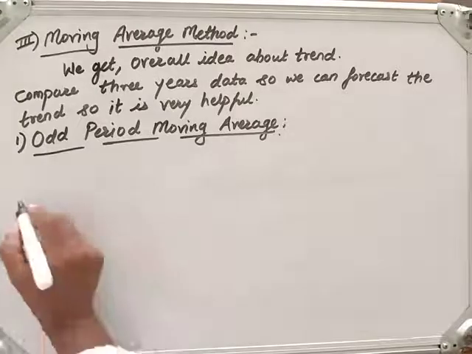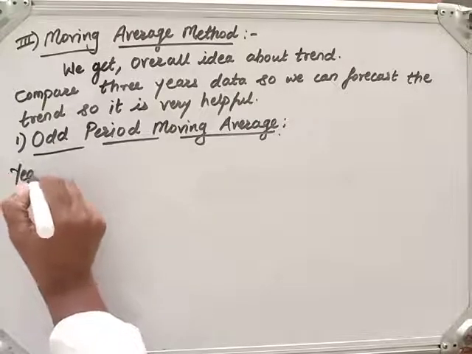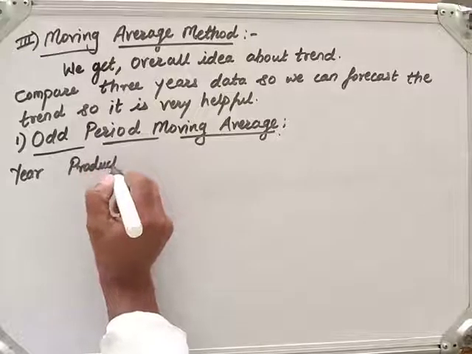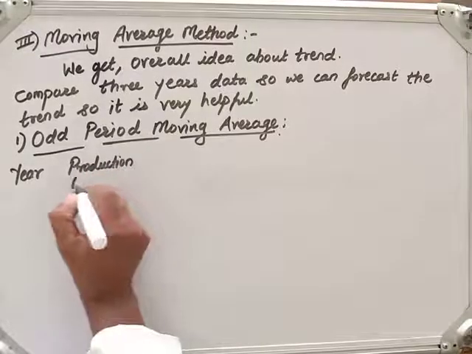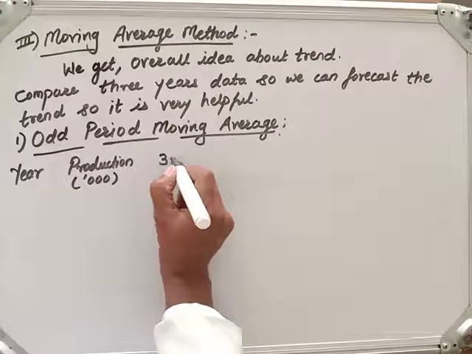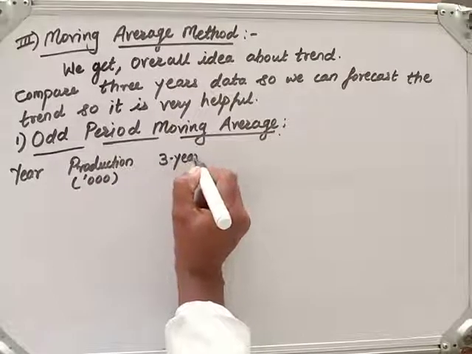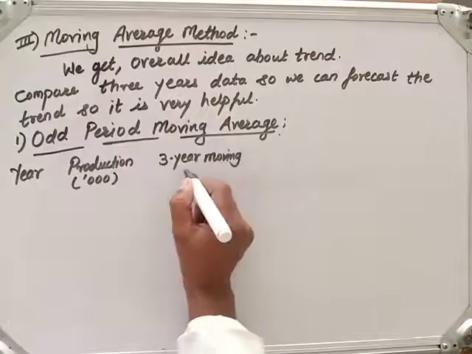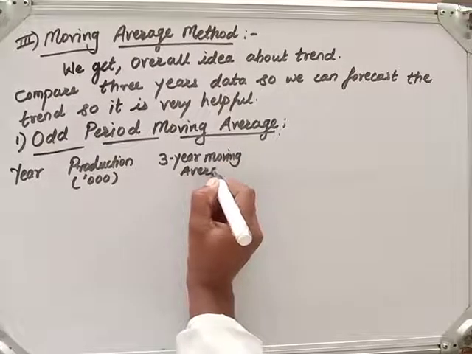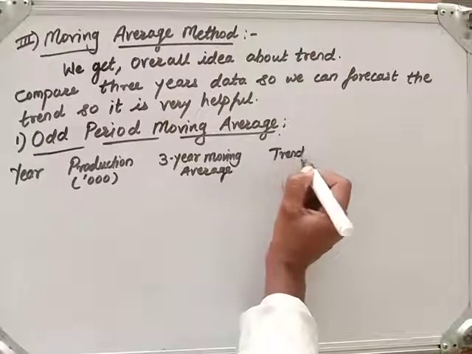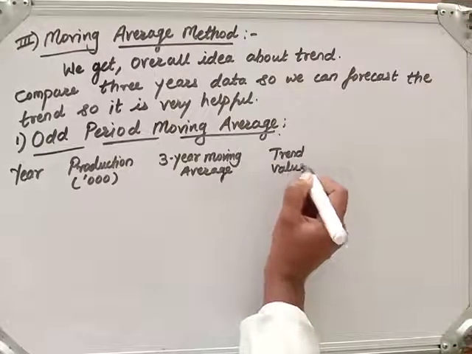Here production is given, again in thousands, and we need the 3-year moving average and trend value.